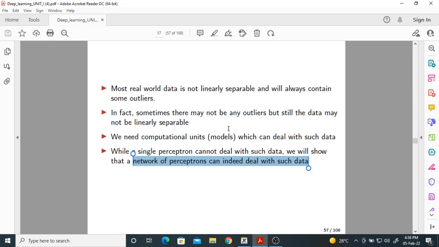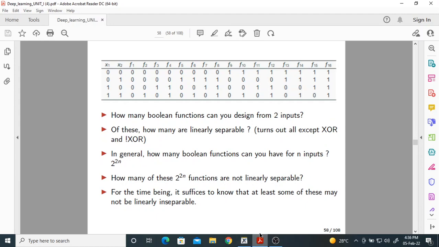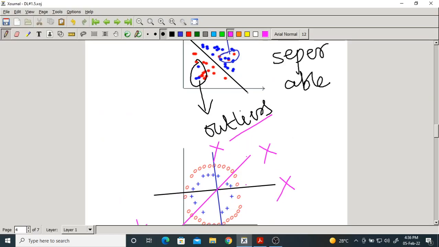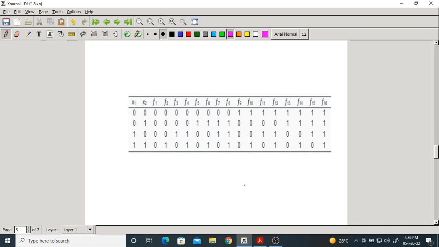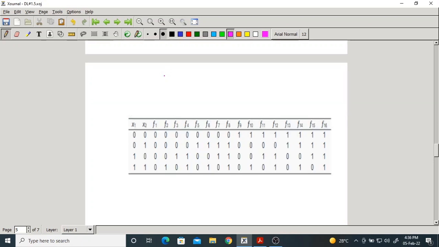Such data means data which is not linearly separable, but it can be well modeled using a network of perceptrons, which means we take more layers, more number of perceptrons. Let us go with the network of perceptrons to deal with data which is not linearly separable.